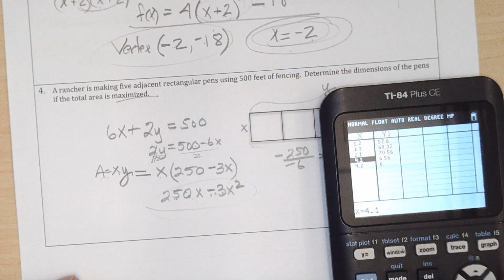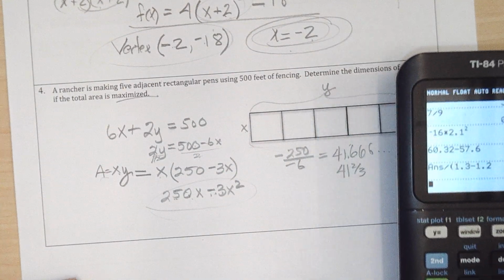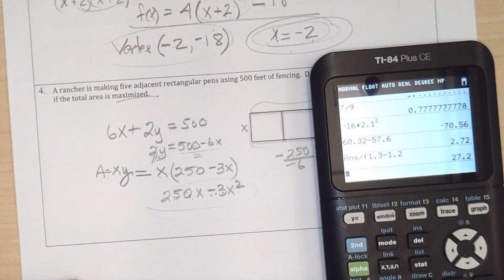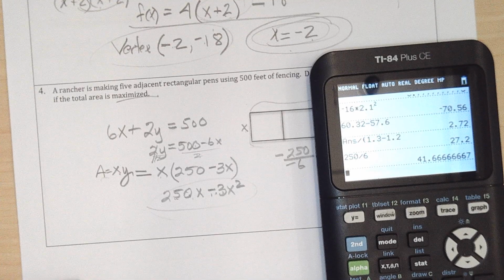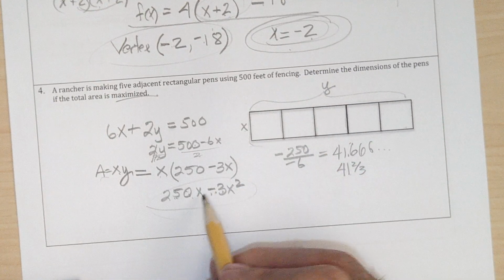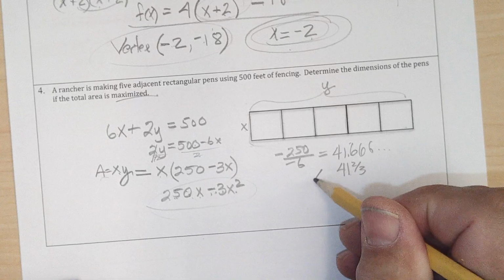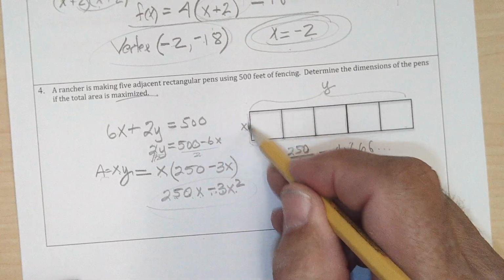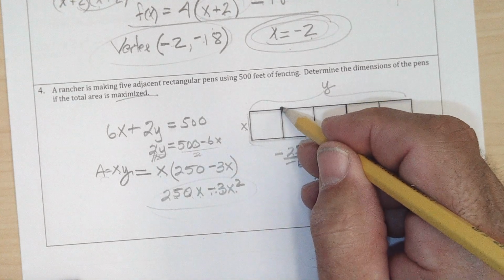Let's just check and make sure I'm doing that right. So 250, they're both negative, so it's going to come a positive divided by 6. Yes. So this would be x. So each one of these is 41 2/3 feet.